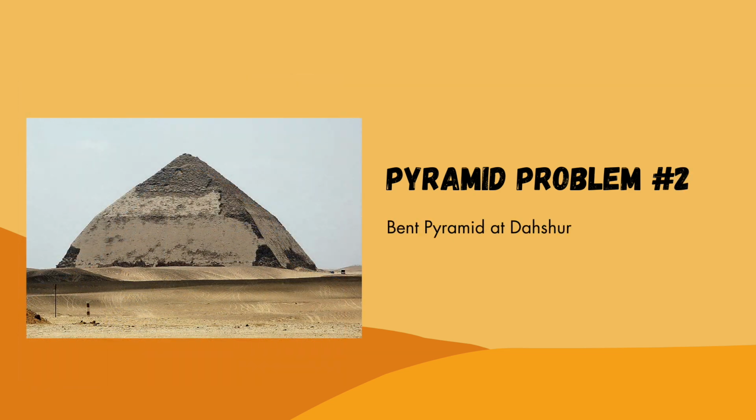Undeterred by this failure, Sneferu commissioned the construction of a new pyramid, the Bent Pyramid at Dahshur, located about 40 kilometers south of Cairo. Its distinctive feature is its unusual shape. It kind of looks like it's bulging at the waist. The pyramid rises up at an angle of 54 degrees, but then halfway up the pyramid, the angle changes to 43 degrees, which is how it got its name. The steep original angle may have led to structural instability, prompting the builders to alter it to prevent the pyramid from collapsing.